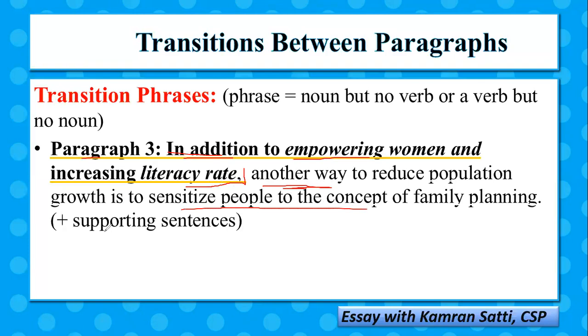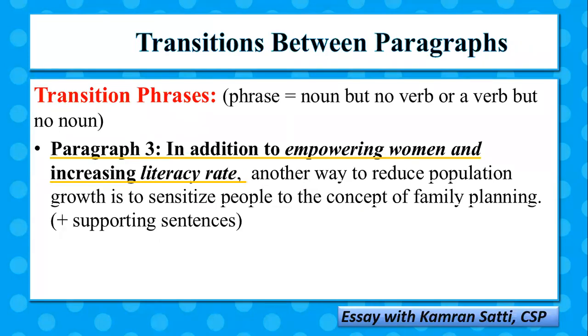Now of course you will be writing different supporting sentences to prove how sensitizing people can result in checking the meteoric population growth. But the focus here should be learning how to transition between paragraphs. Okay, so this was the third paragraph and I have used a phrase to transition to it.